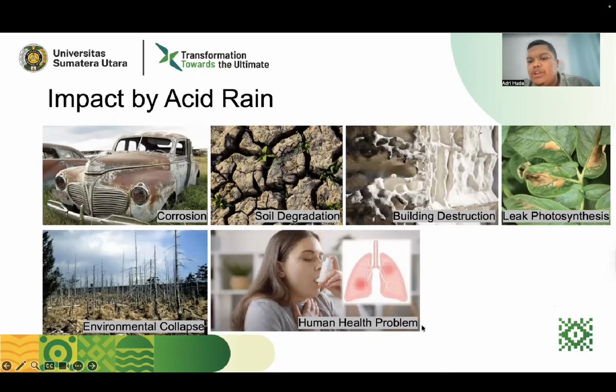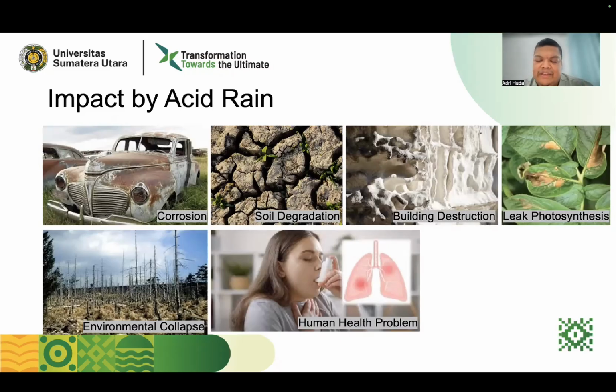Talking about the human impact of the acid rain here, there are a lot of things that can occur because of the acid rain. When I was a kid, when the acid rain came and hit my head, it basically could initiate dizziness.